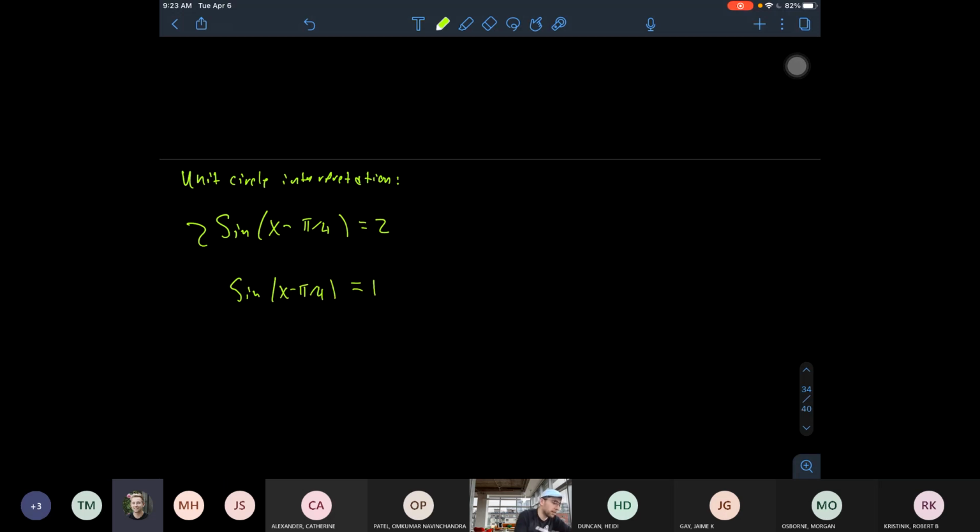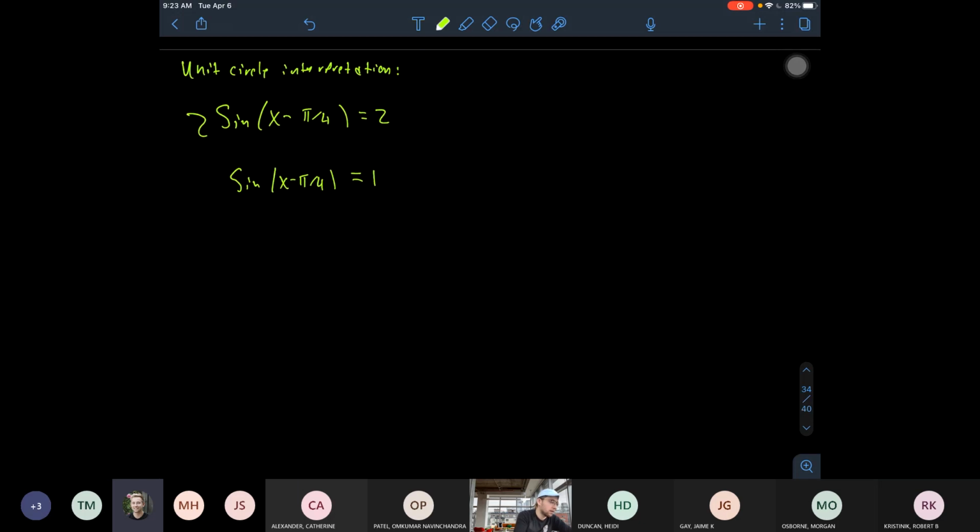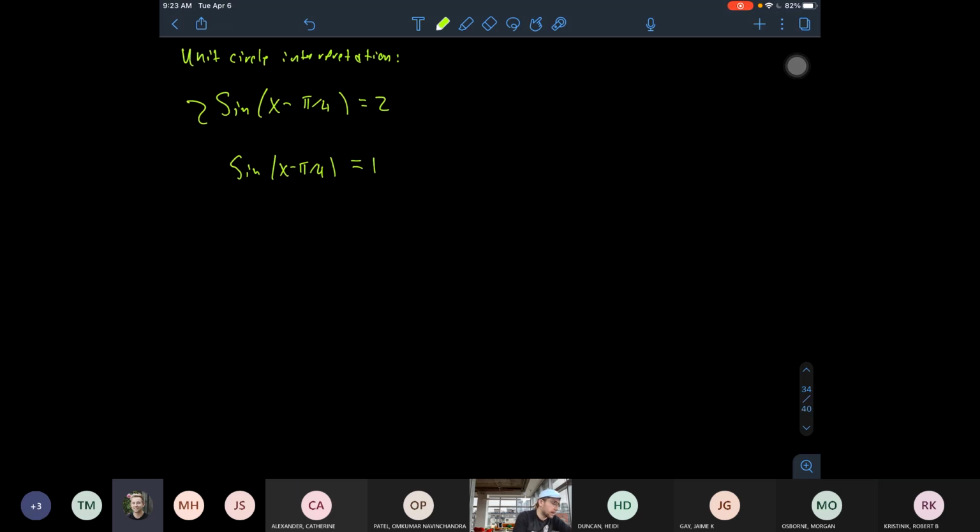Okay, so I'm going to do a little bit of algebra up front to simplify the unit circle interpretation. And we also have that x should be less than 2 pi and larger than or equal to 0, right? Okay.